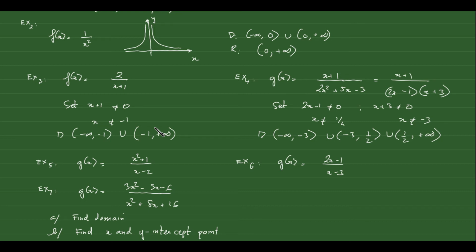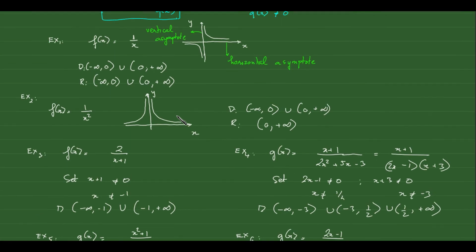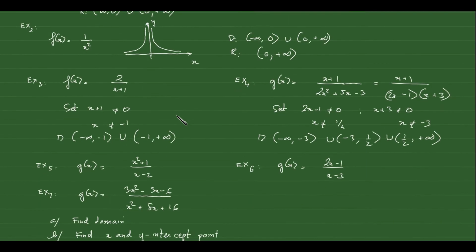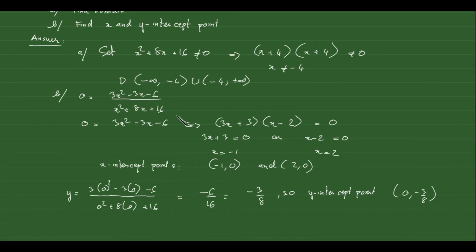Or maybe they have just one of them, or maybe they have a different type of asymptote. So in the second part of the video, I just want to make sure that I'm not missing anything else.